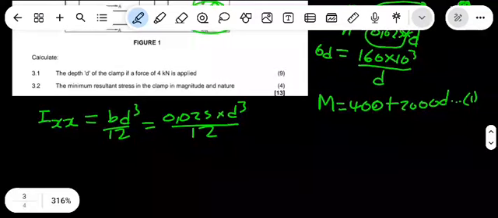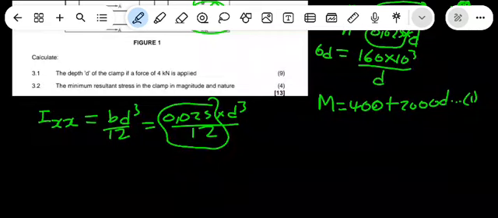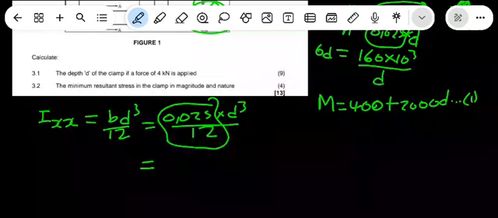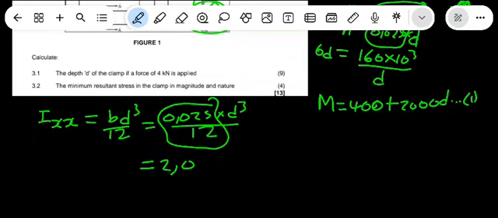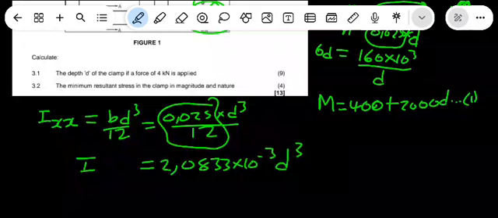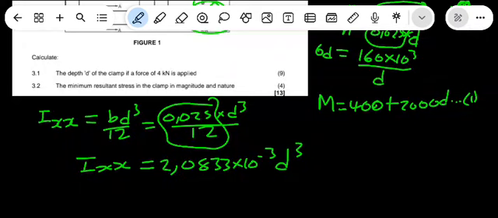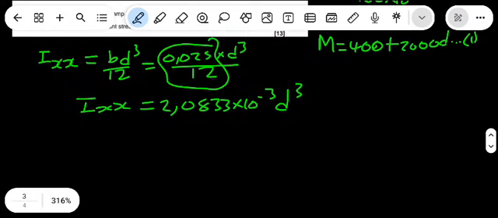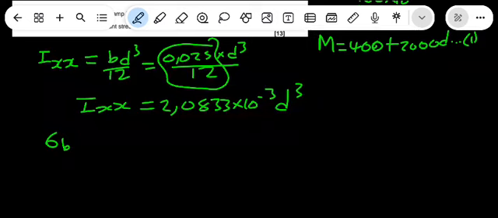I can punch this on my calculator and we obtain 2.083 times 10 to the power of minus 3 d cubed. This is our Ixx. Now you can also determine the bending stress.